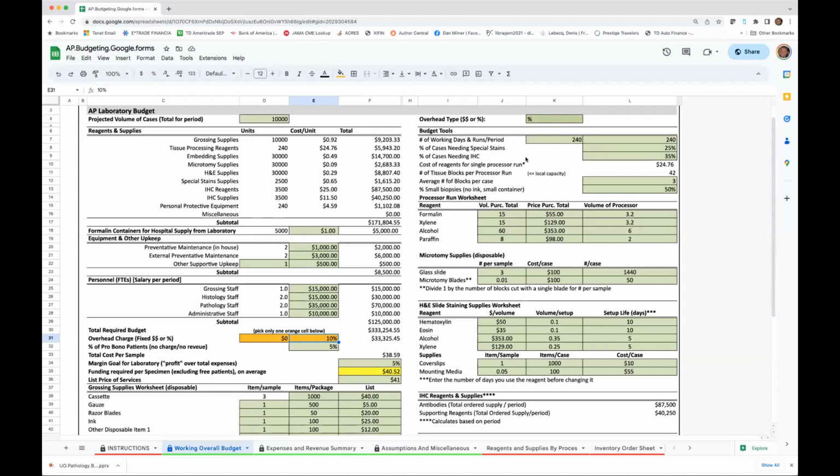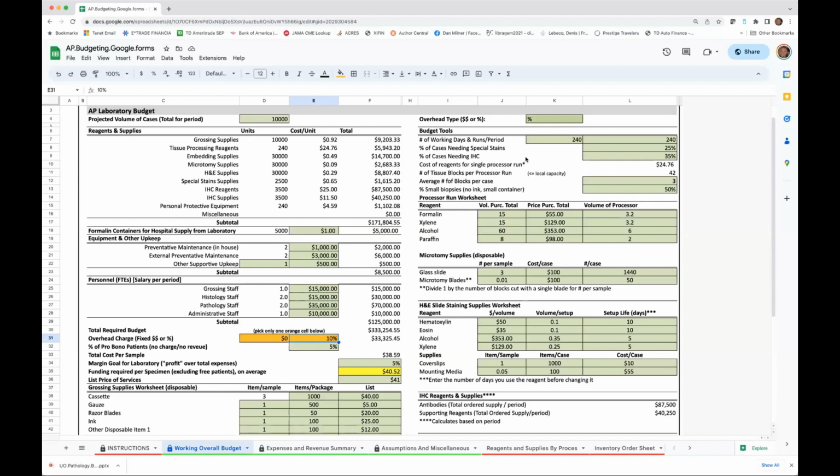So 48 weeks, 5 days a week, that's 240 days. Let's assume that 240 days is the number of days in the year that you run your pathology lab, and let's assume you do 1 run per day with your processor. So you've got 240 days and 240 runs, okay?